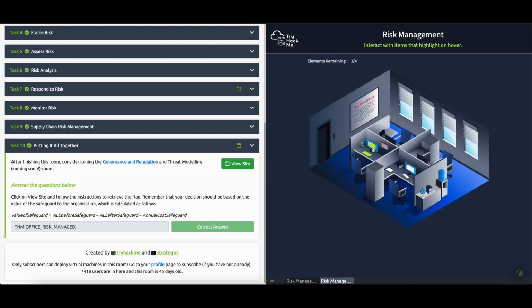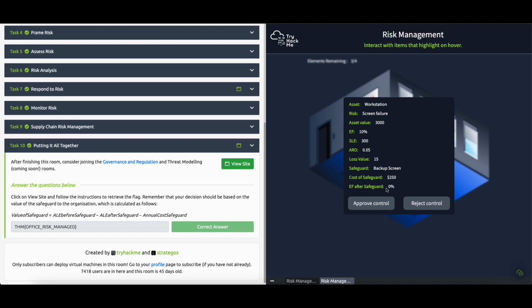We did this one, right? Let's do this one. Loss value is 50. You see, here we have a different situation. Before safeguard, the cost of this vulnerability is $15, but just the price for safeguard is more expensive than this value.